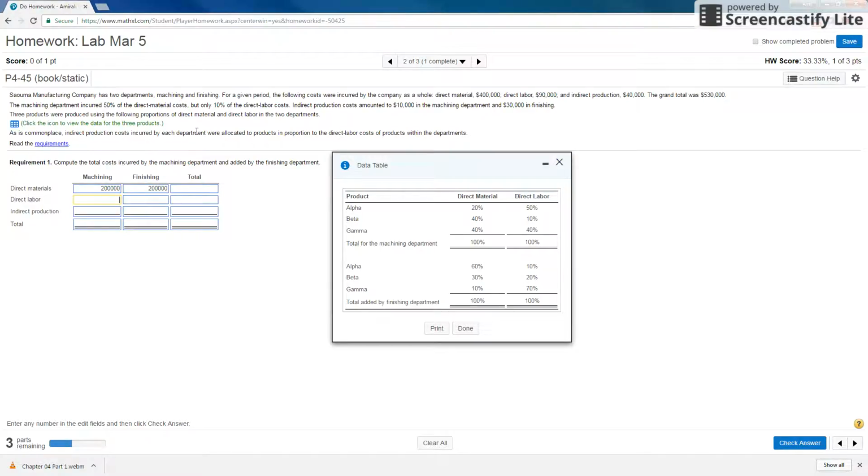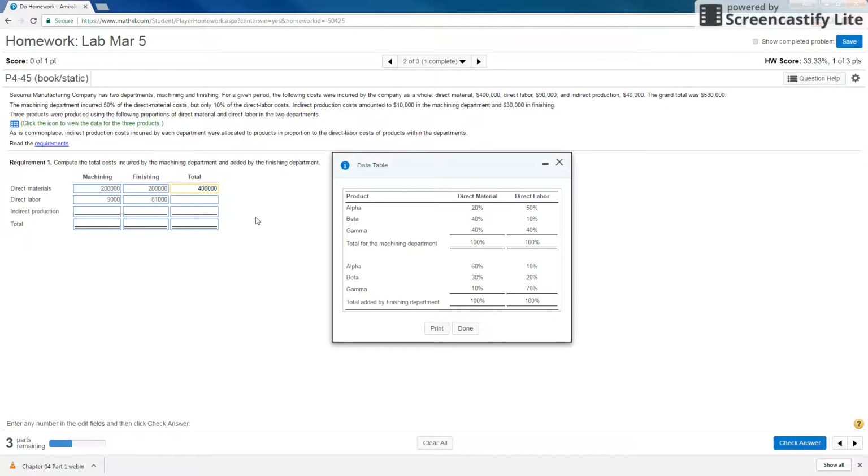And for the labor, it's just 10% over here, so it's 9,000. The rest goes to the finishing, since the total is 90,000 and 9,000 is over here. 81,000 goes to the finishing department. So as a total, we have to have the same number here.